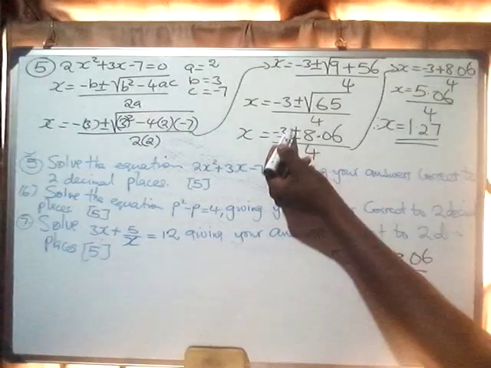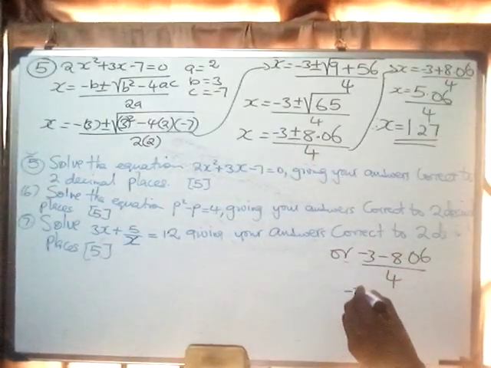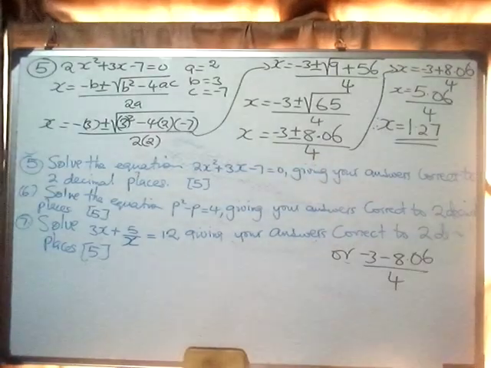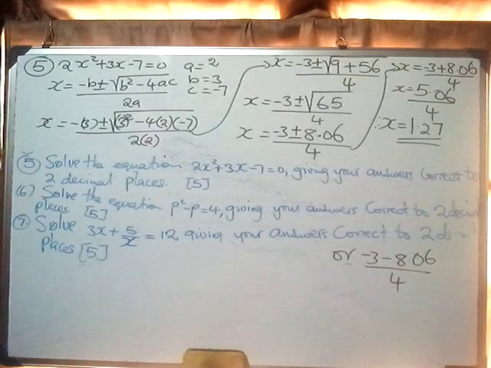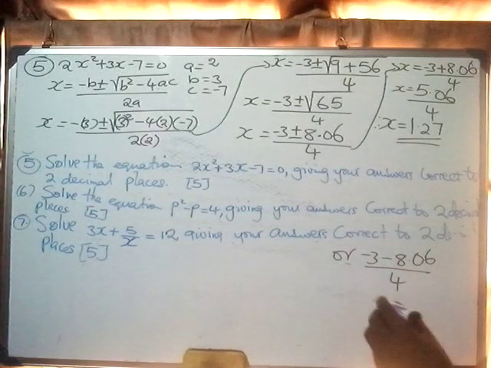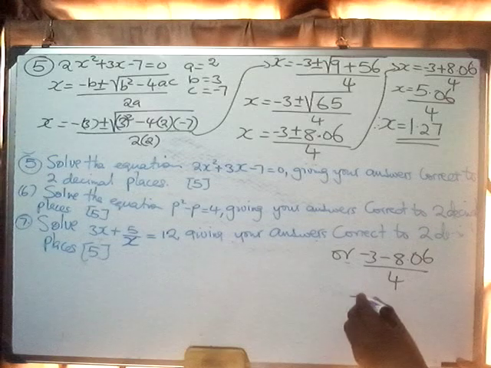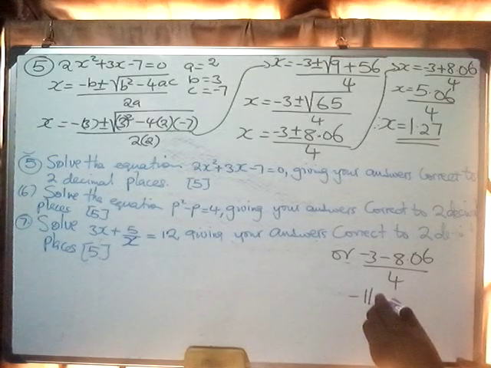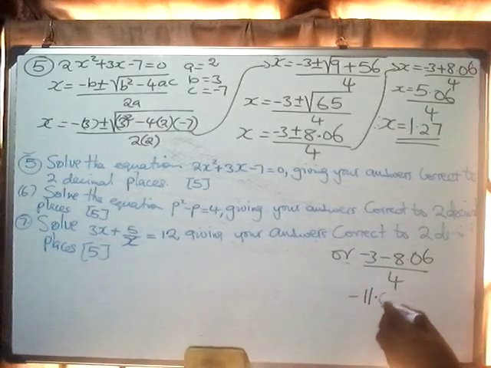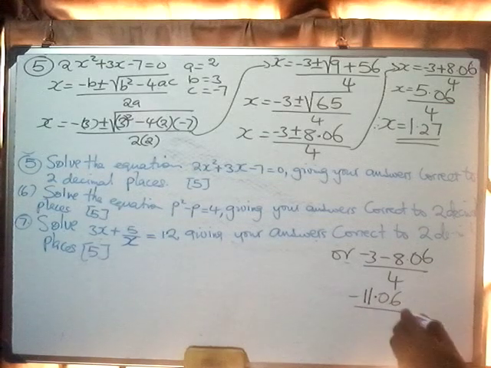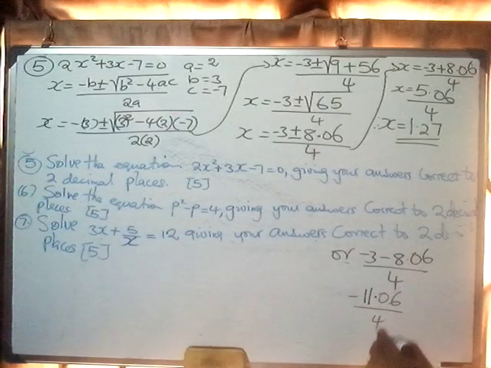Remember here there is the plus or minus, so we are going to have minus. What is the answer? Negative 3 minus 8.06. The answer is negative 11.06, over 4.